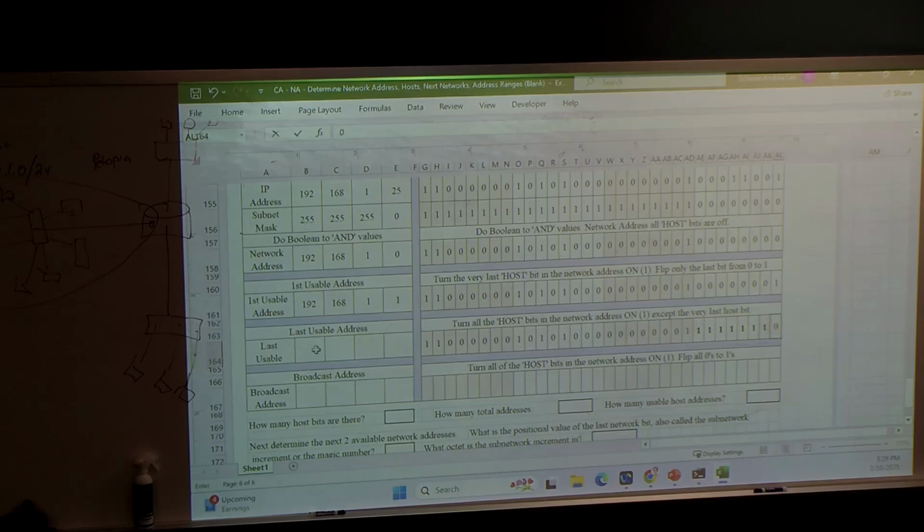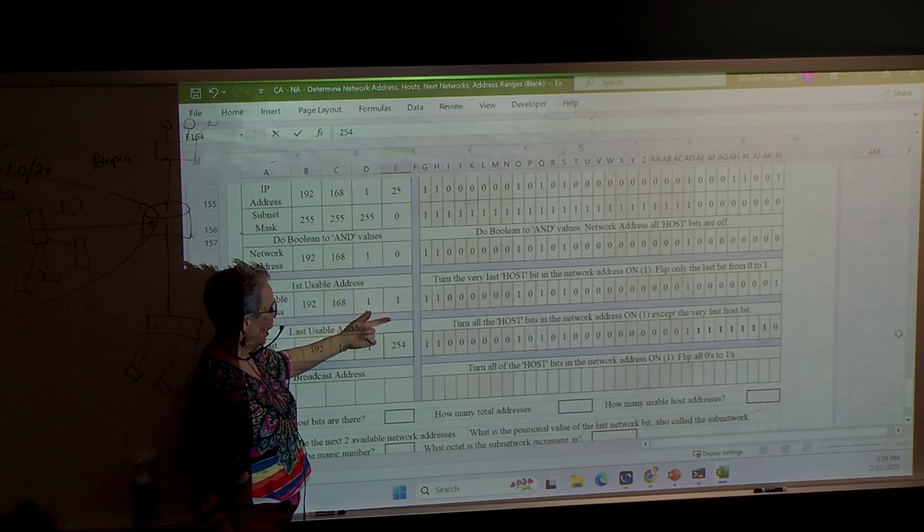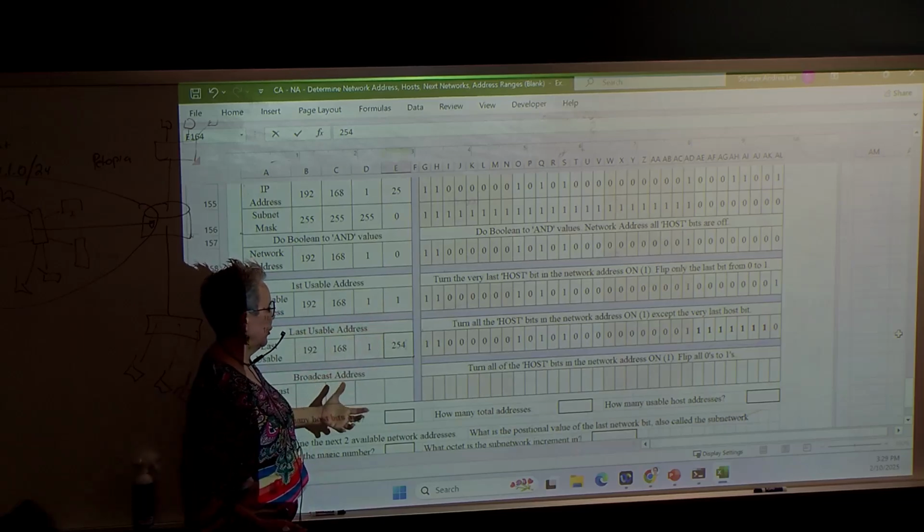Okay, now I know what my last usable address is. 192.168.1 dot what? 254. So in other words, everything between the number 1 and the number 254 are usable addresses.